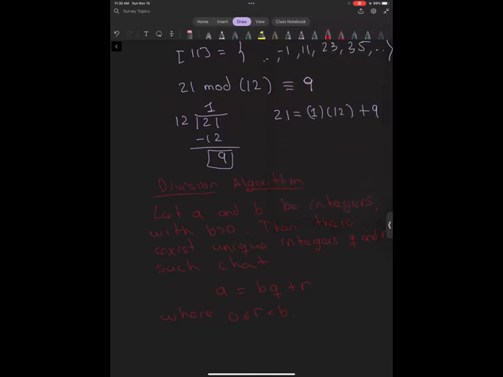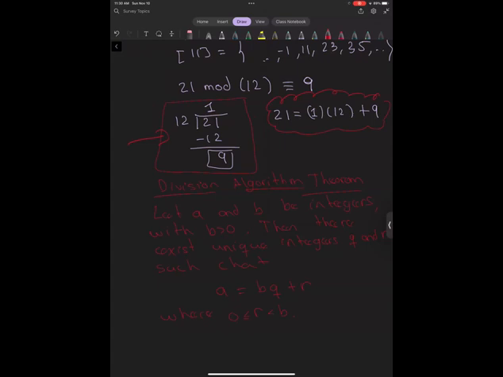This doesn't show in the division algorithm theorem. This is what it shows on the theorem. This is a way to prove it.